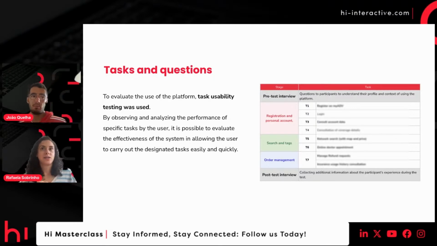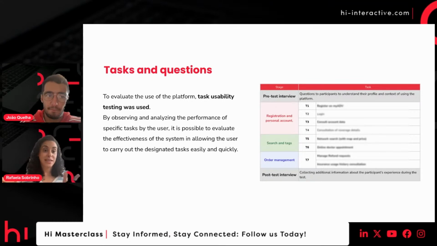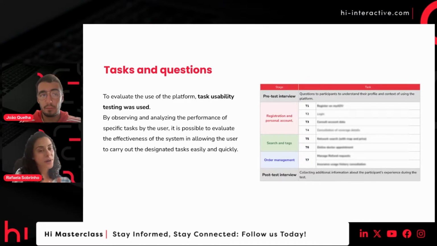That was a big test. It was seven tasks, but we don't need to do all that. We can do fewer, depending on the platform. We can do more, but usually we concentrate on one part of the platform, because if you concentrate on one part, you can go deeply.